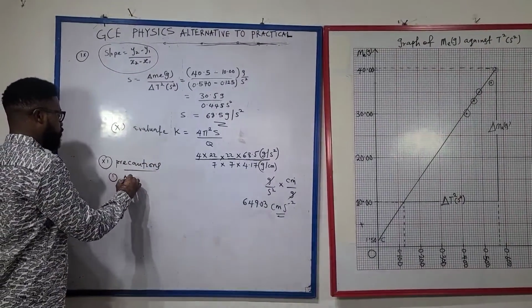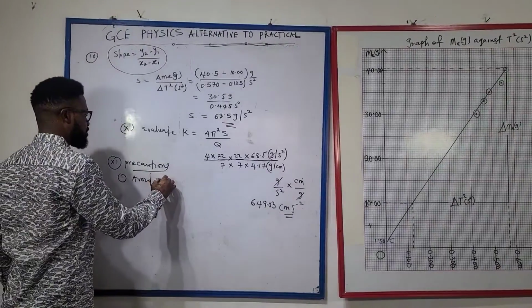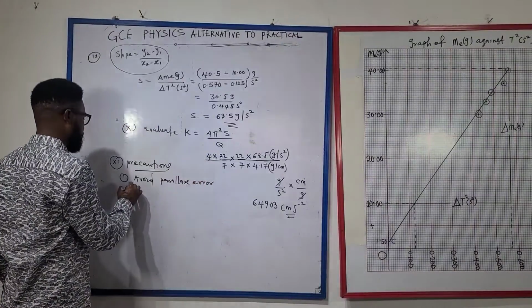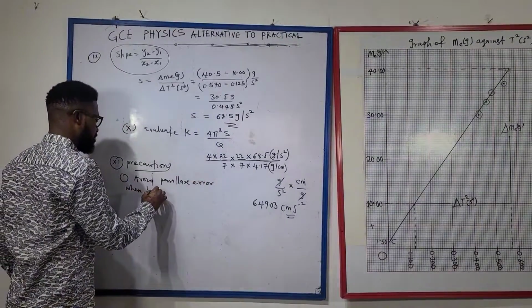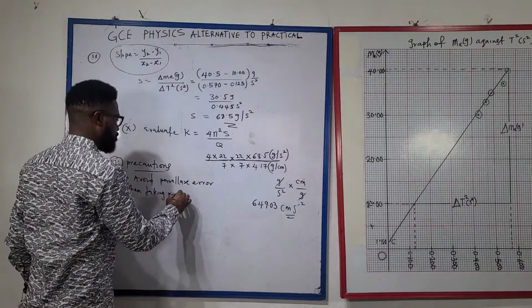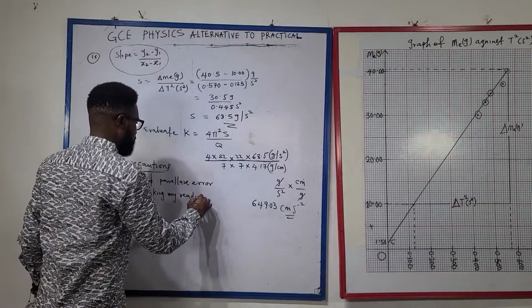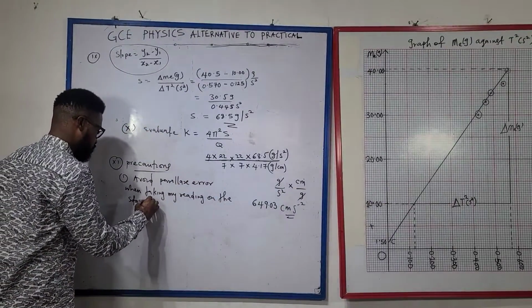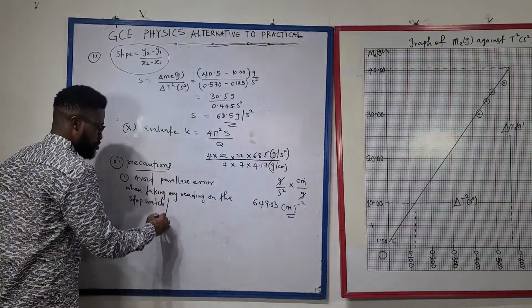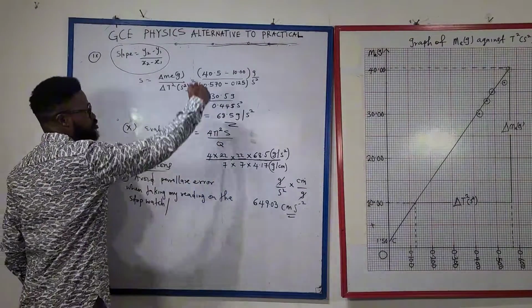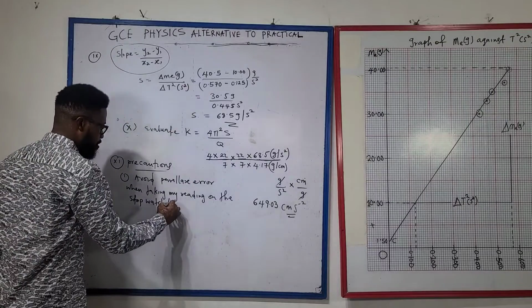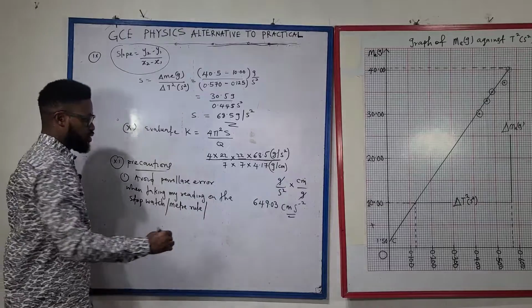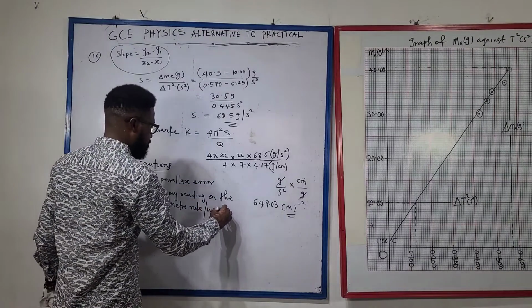The first one is to avoid parallax error when taking my reading on the stopwatch. Also, when taking my reading on the meter rule to measure the depth of immersion, also on the weighing balance.